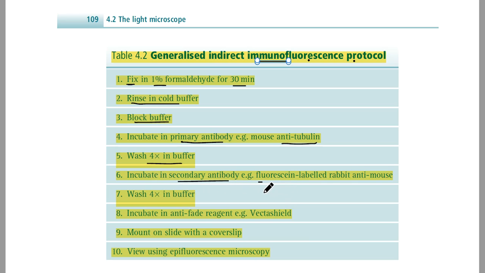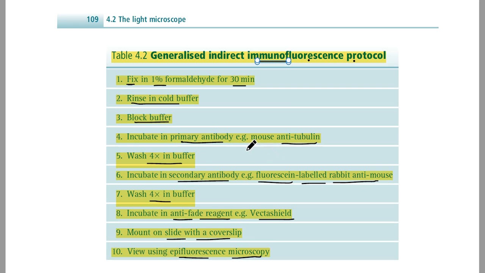As I told you, the secondary antibody has a fluorescence molecule labeled with it, for example fluorescence labeled rabbit anti-mouse. Wash 4 times in buffer, incubate in anti-fade reagent, for example Vecta-Shield, then mount on the slide with a cover slip and view using epifluorescence microscopy. This is the general protocol.